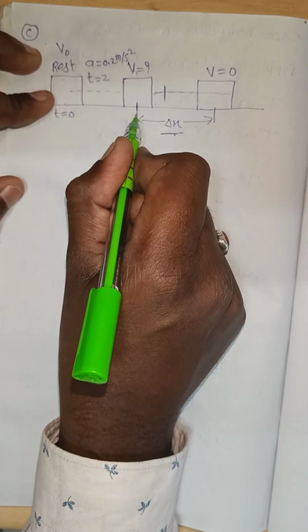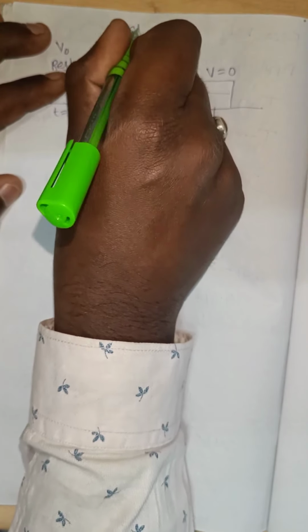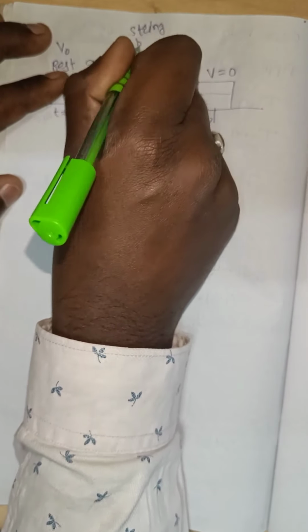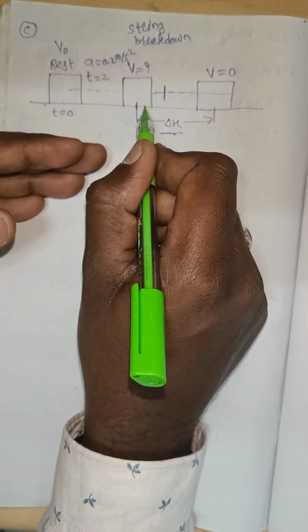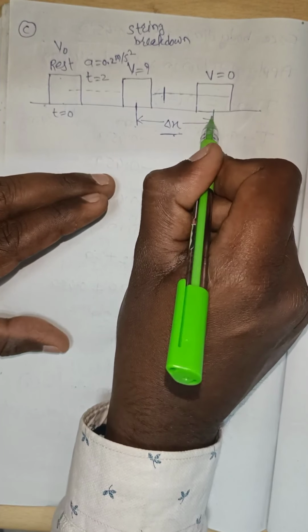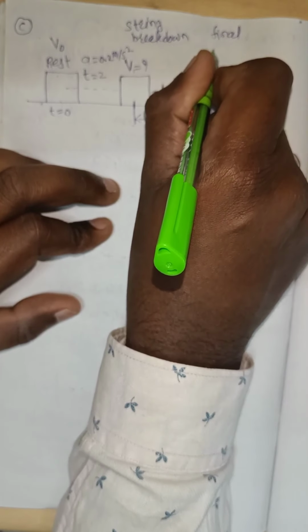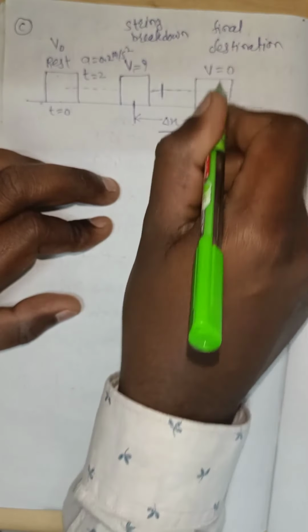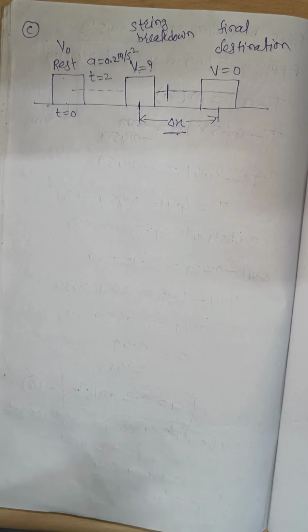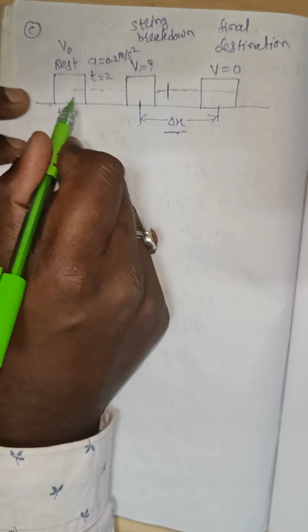At that point the string will break down. After breaking the string, finally the block reaches this point. Now this is the final destination. When it finally reaches this point, the block remains stationary.